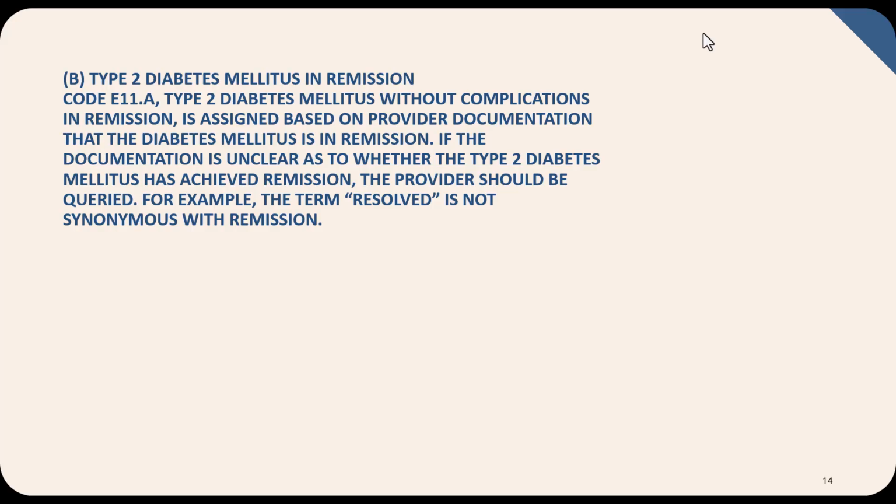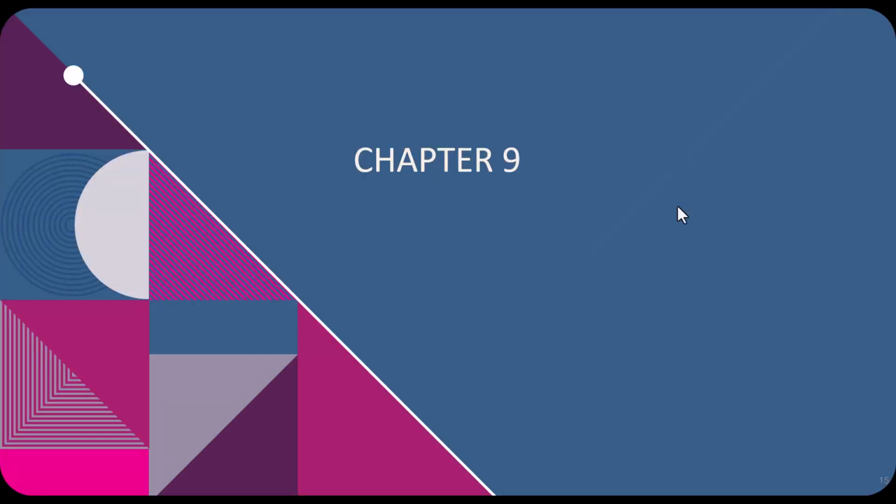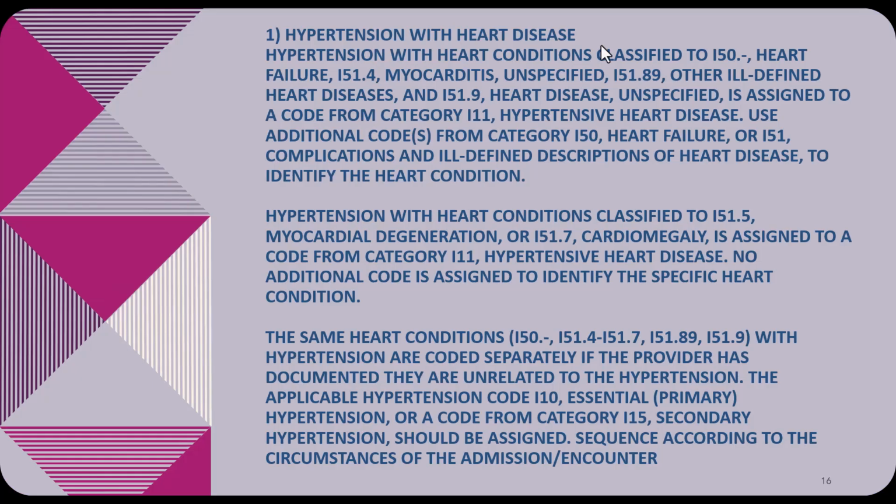So let's continue on. Now we're looking at Chapter 9. This is a big one. I believe I've seen the first one before, so it may be just a rewriting of that guideline.